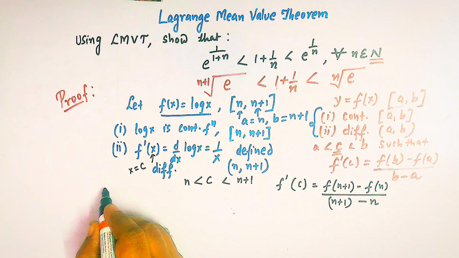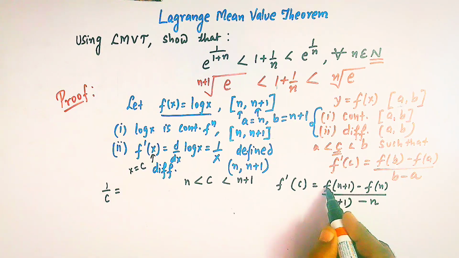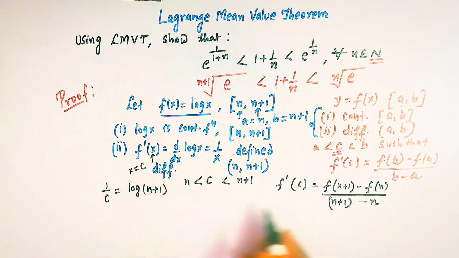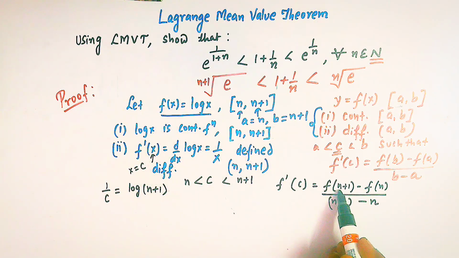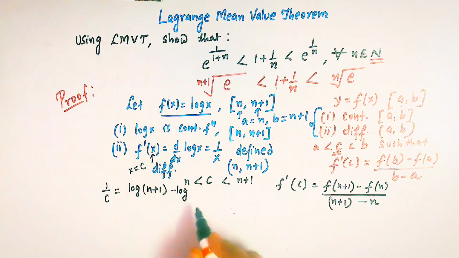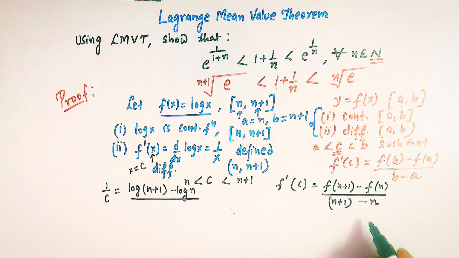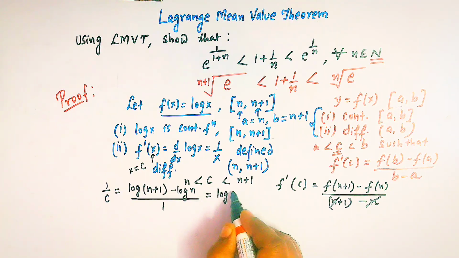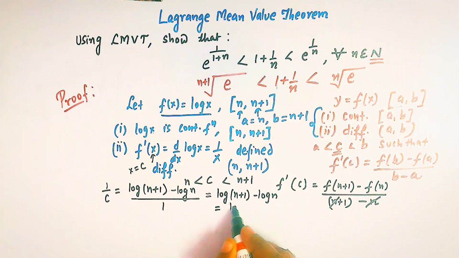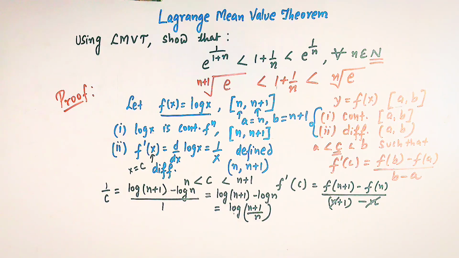So here we have 1 over c, and f of n plus 1 can be written as log of n plus 1 by taking x equal to n plus 1, and f of n can be obtained by taking x equal to n. So we have log of n, and in the denominator this n and this n get cancelled, and we are left with only 1. So we have log of n plus 1 minus log of n, which can be written as log of n plus 1 over n by the property of logarithms.